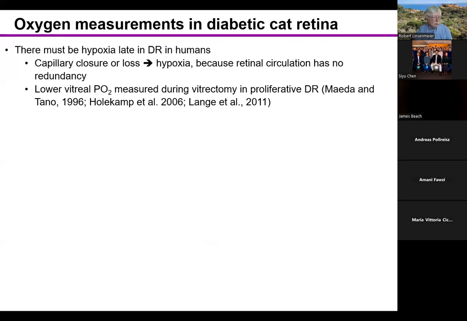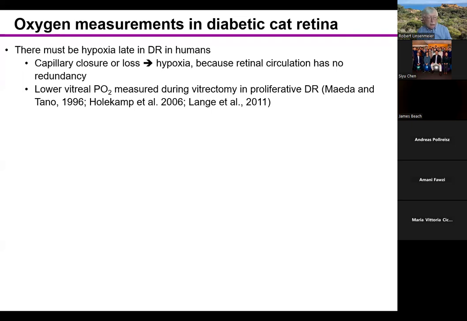So let's talk a little bit about what happens in some clinical situations. And we'll start with diabetes. So we know from human studies that there must be hypoxia late in diabetic retinopathy. No intraretinal measurements have ever been made, but we know that if there's capillary closure, there must be hypoxia because the retinal circulation has no redundancy.